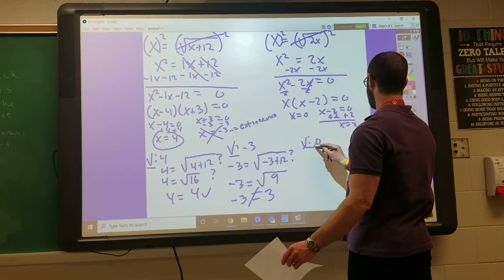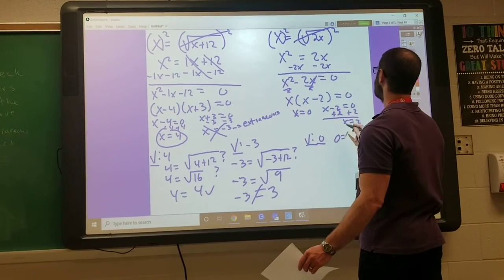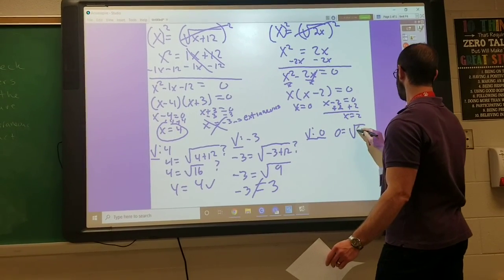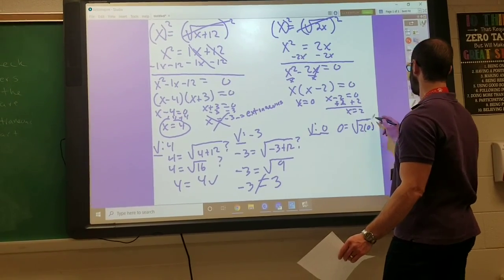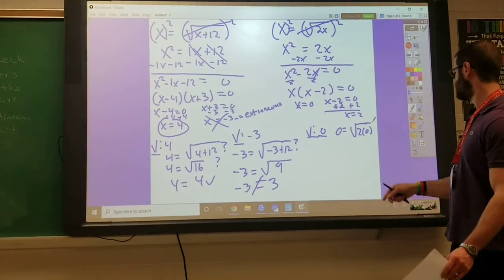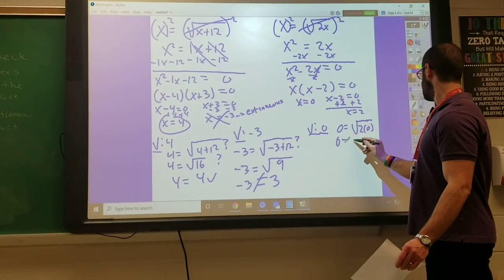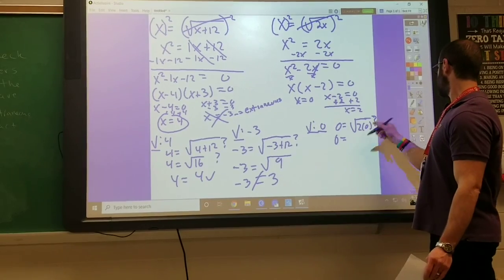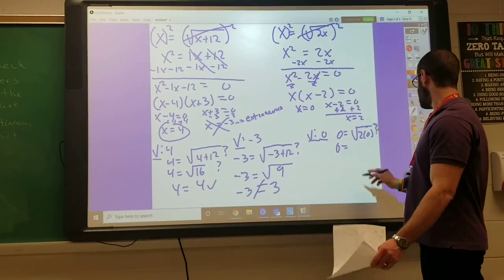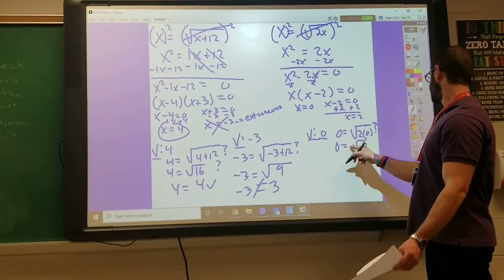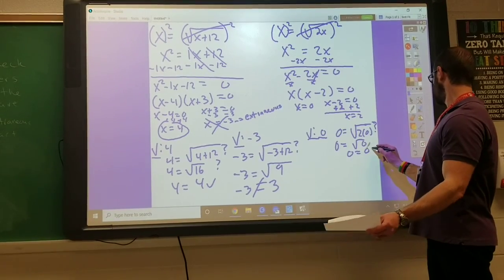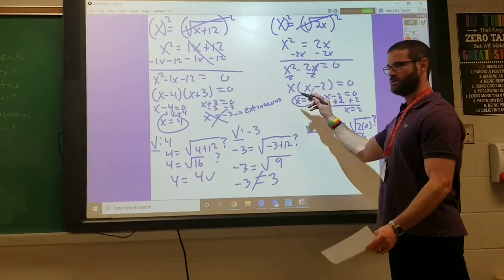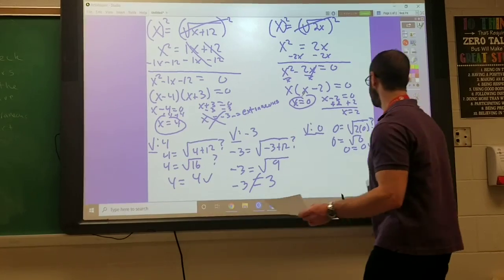So does 0 equal square root of 2 times 0? So I plugged in 0 wherever there was an x. So 0 equals 2 times 0. Remember, anything times 0 is 0. So square root of 0, 0 equals 0. So yes, 0 is a valid solution.